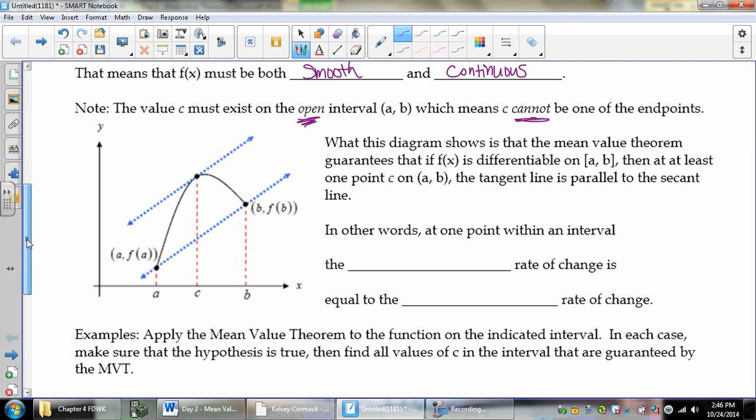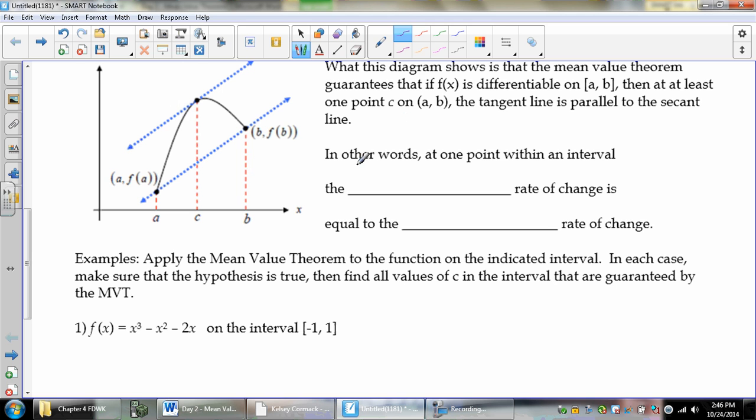So long story short, all this stuff that I keep saying many, many words about really boils down to this. At one point within an interval, the instantaneous rate of change is equal to the average rate of change for the function. All right, instantaneous and average will match up at some point on the interval.